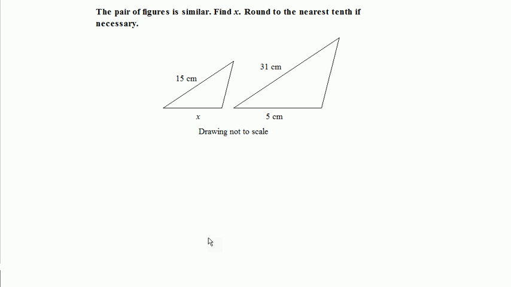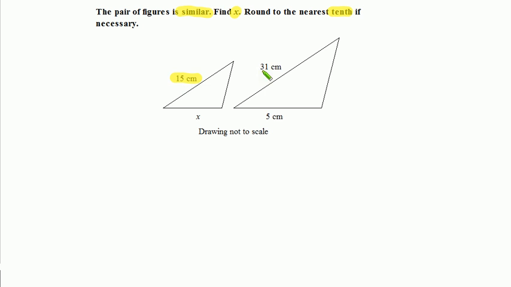Okay, this is problem number 4, and we're given a pair of figures that we're told are similar. That's important. We're asked to find x and round our answer to the nearest tenth if necessary. So if the figures are similar, that means the sides are in proportion.